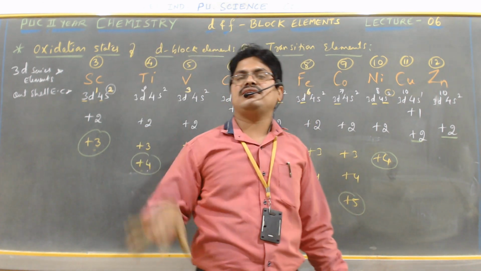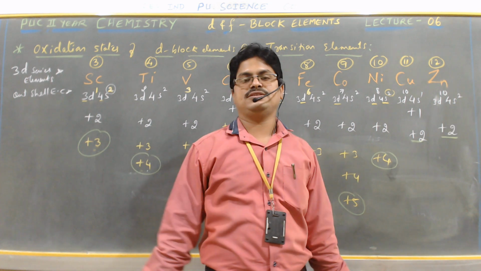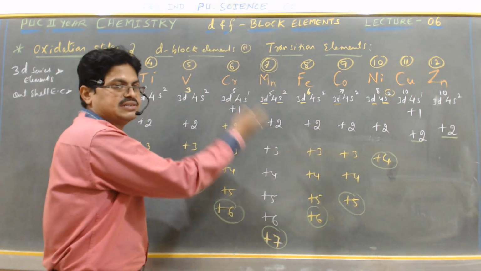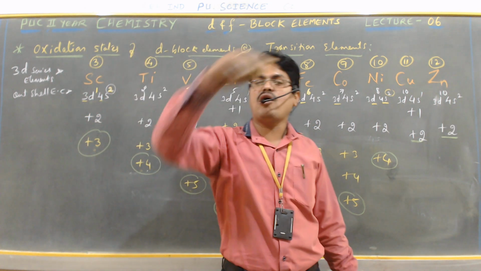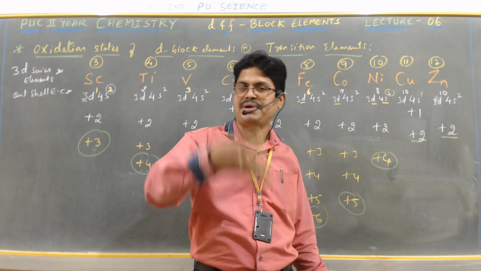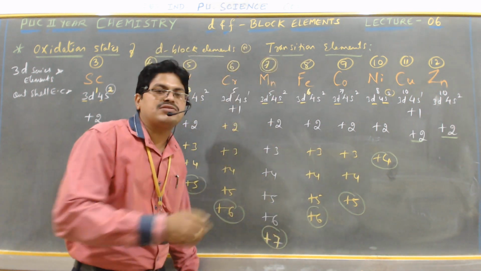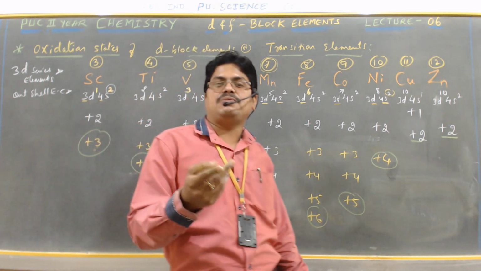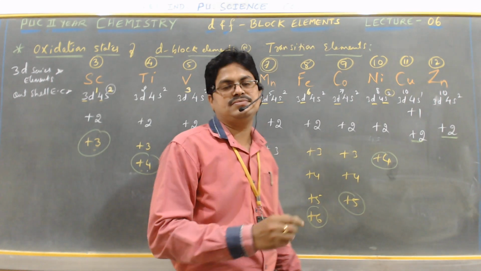When compared with non-transition elements, see, these are the transition elements. When you compare with non-transition elements, for example s block or p block, the oxidation states of these elements differ by 1 unit.